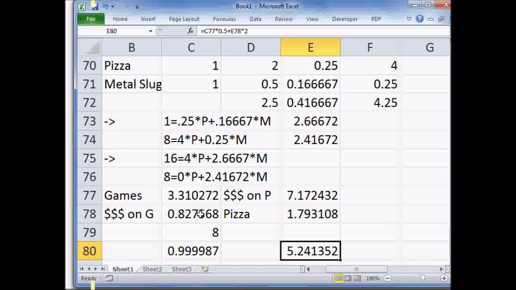If we do 1.8 pizza slices and 3.3 games, that's how much we get. So what remains to check is whether the other possible solutions are better.